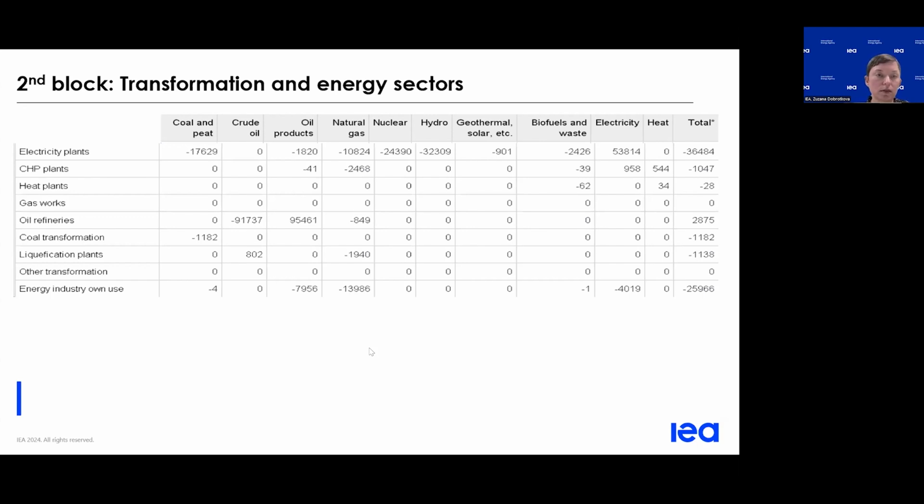So the example that I already mentioned, for example, in oil refineries, you will see the crude oil goes into refineries, so it's noted with a negative sign, while oil products then come out of the refinery, so it's a positive sign. And that way you can see what's input and what's output.